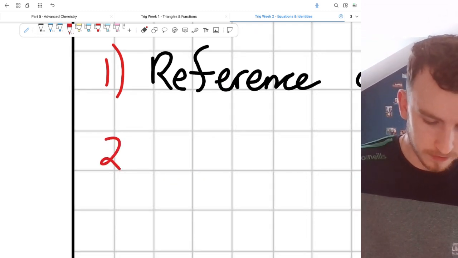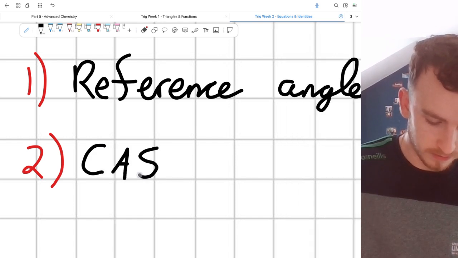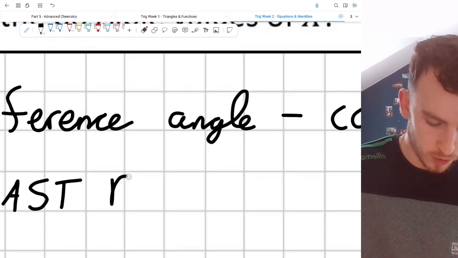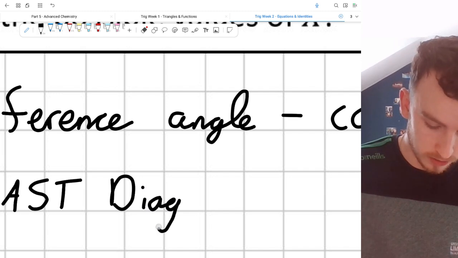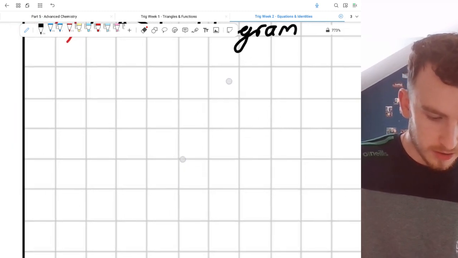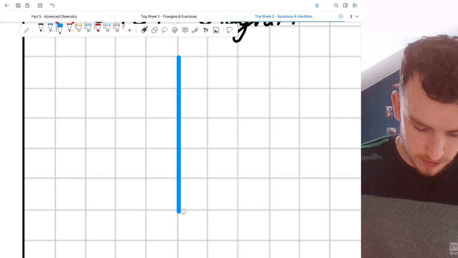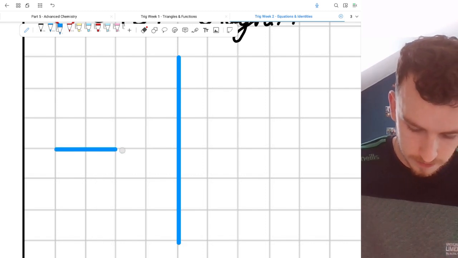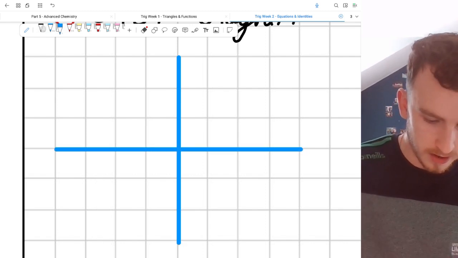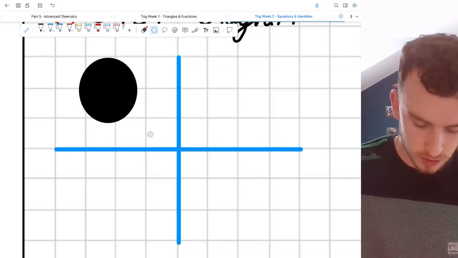Now for step 2, we're going to use what's called a CAST diagram. So this is where you're using the unit circle. So if I draw my diagram, you do a diagram that looks something like this, right?